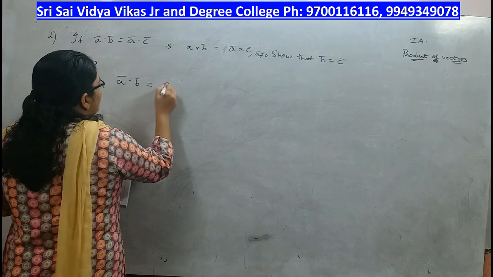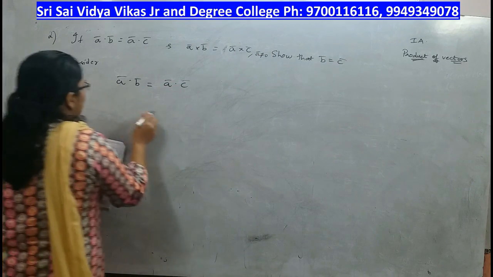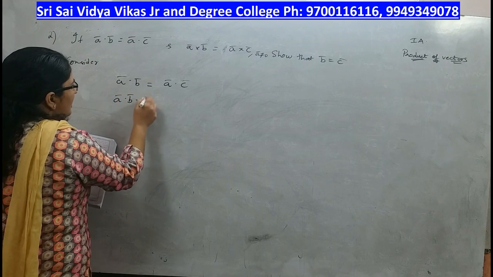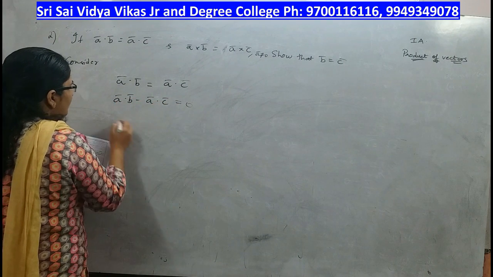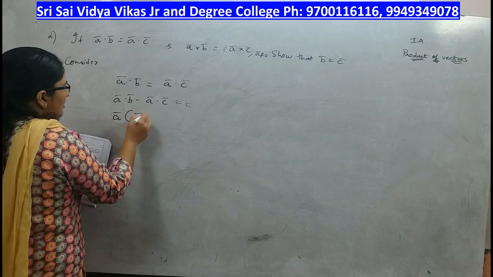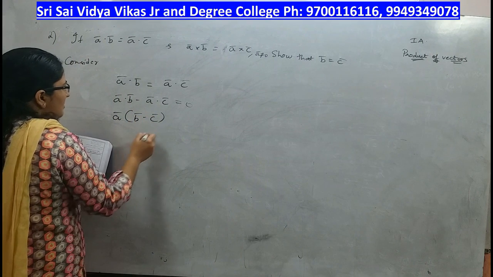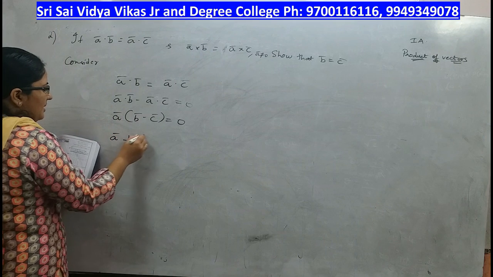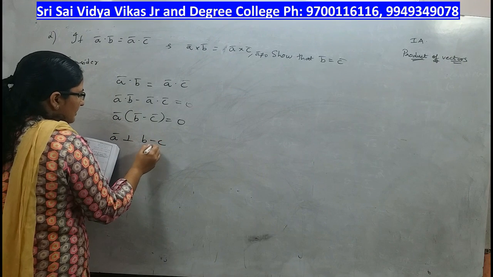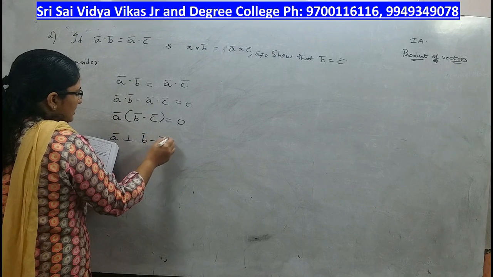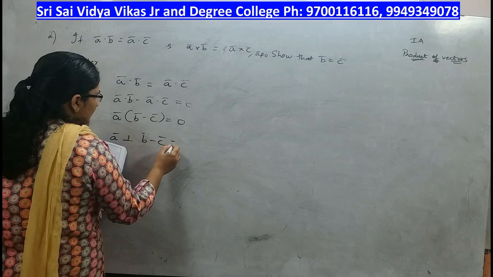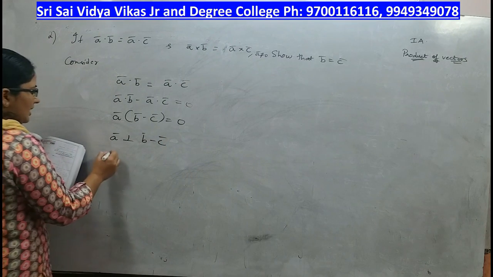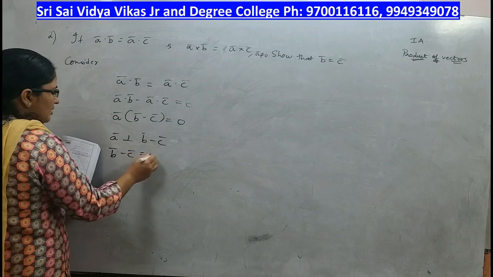A bar dot b bar minus a bar dot c bar is equal to 0. A bar dot b bar minus c bar is equal to 0. A bar is perpendicular to b bar minus c bar, or b bar minus c bar is equal to 0.